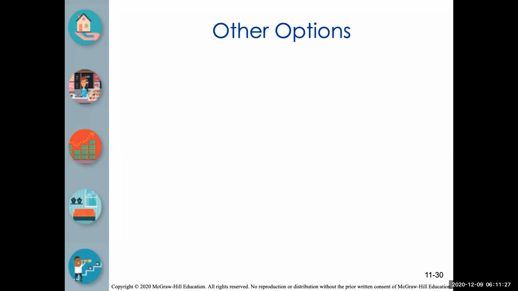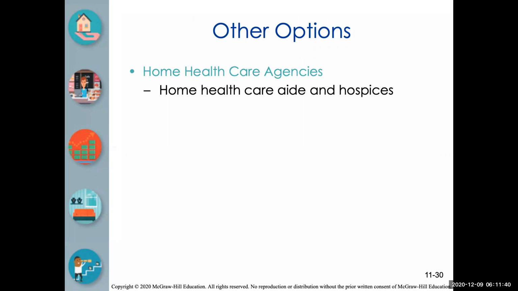Other options that exist. You've got home healthcare agencies. These are agencies that are going to be providing assistance in the home via an in-home aid. We also consider hospice care to be home healthcare agencies.